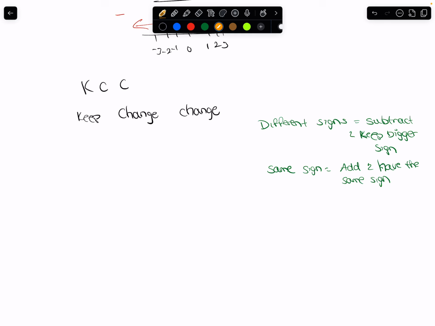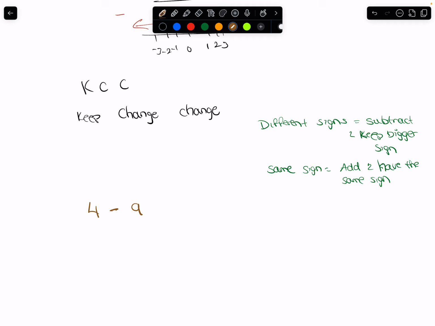Let's go over another, completely different example. I will keep all the rules here so you can have a look at it. Our next example is interesting. Here I have 4 minus 9. Seems straightforward, but what does this mean? First step, we want to make sure the sign in the middle is positive. Here we see the sign in the middle is not positive. So we engage keep change change.